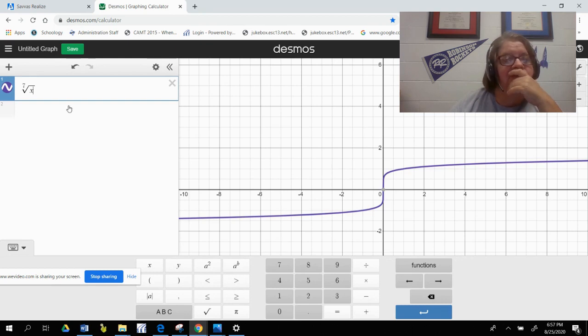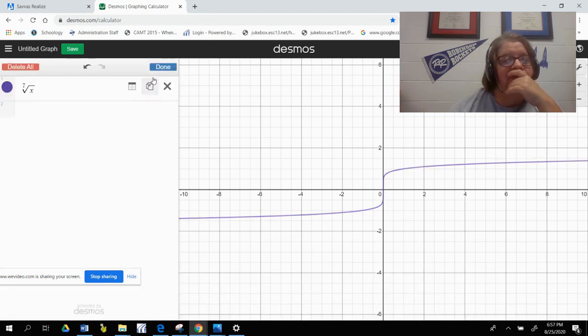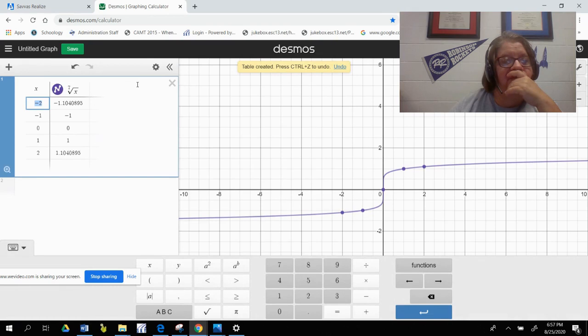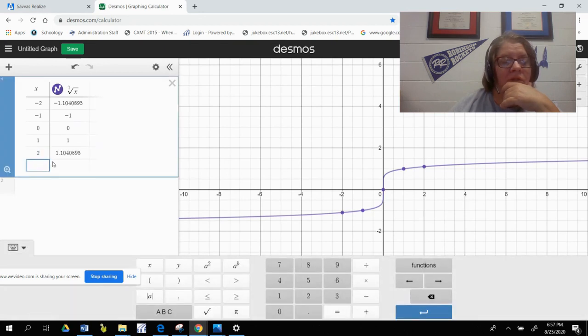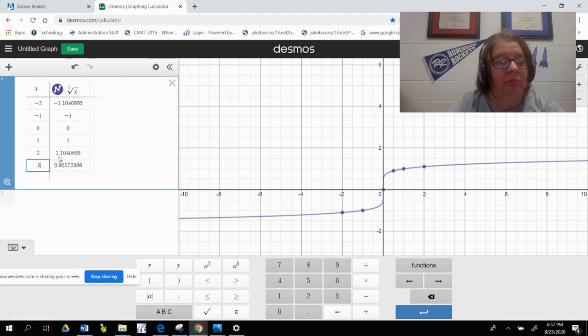Is it a function? Let's look at the table. It's going to be a tough call. 0 goes with 0, -1 goes with, what about 0.5?